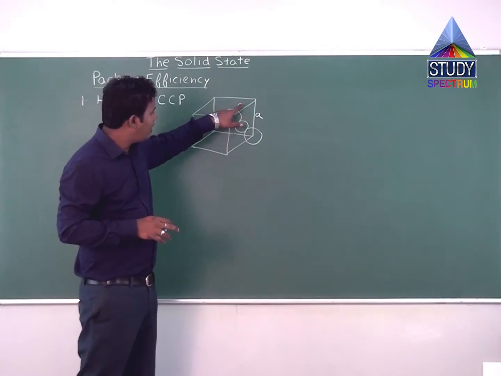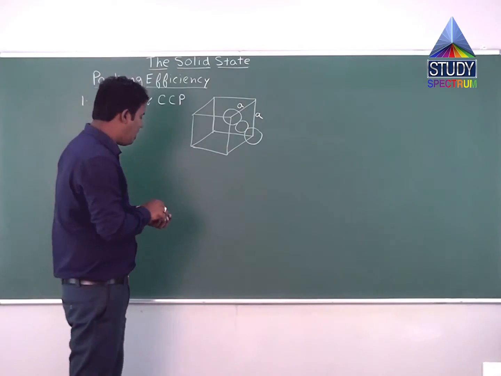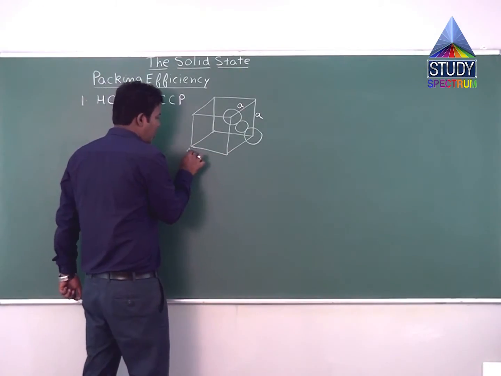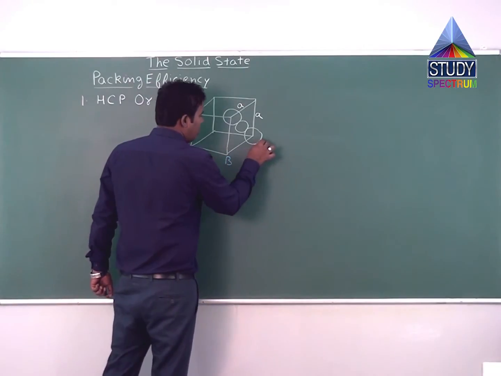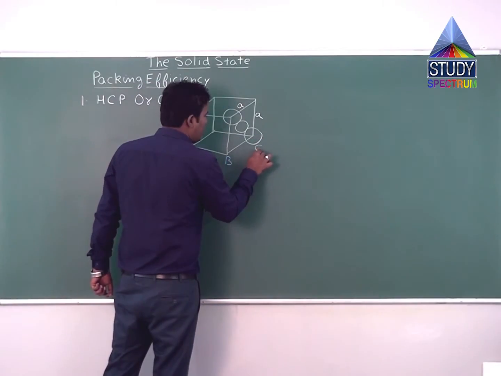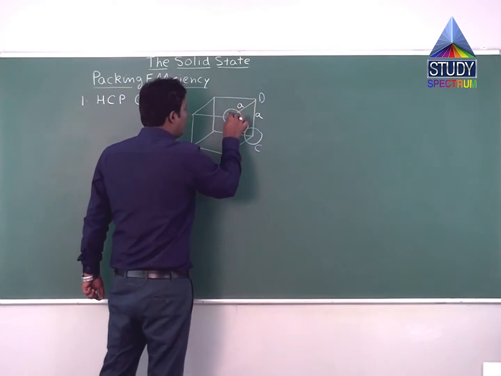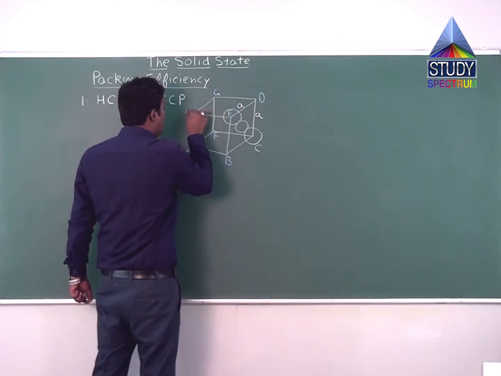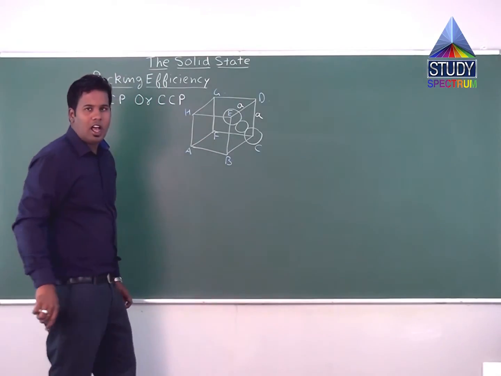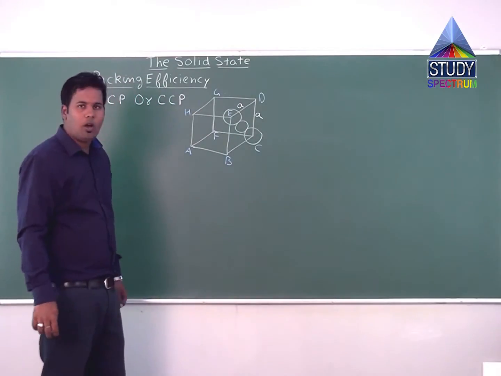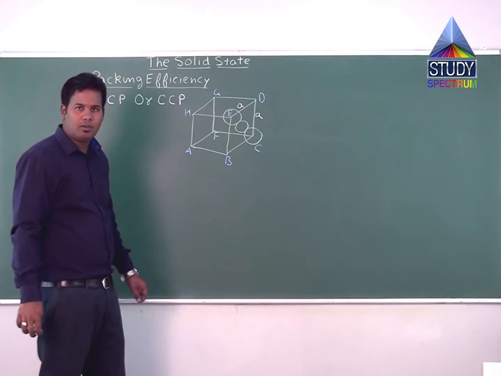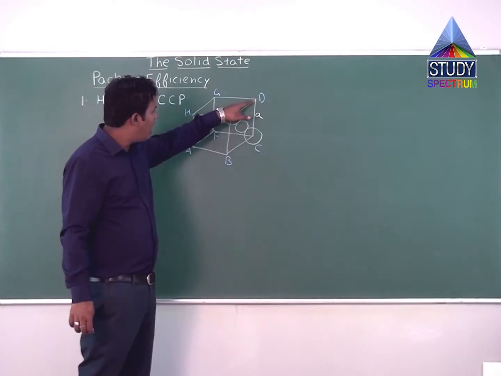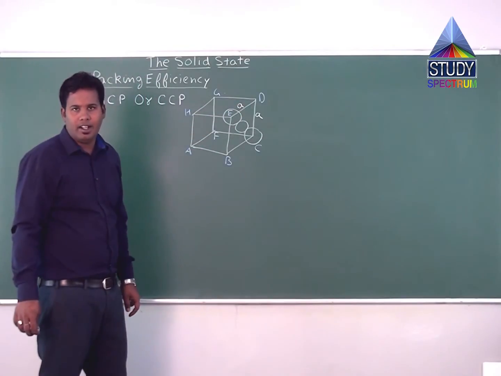So if I take this face, suppose I have named all the corners as A, B, C, D, E, F, G, H respectively, then the angle between the edge length CD and ED is 90 degrees.